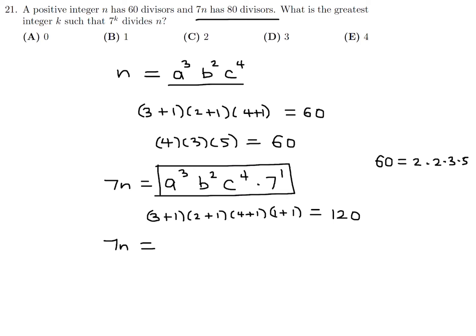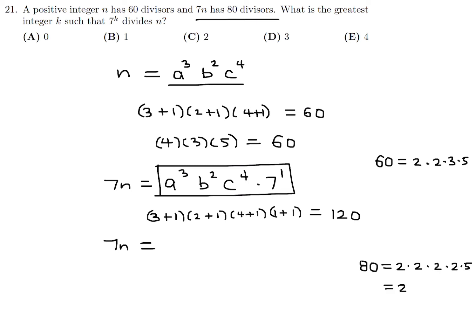Well, it just takes a little bit of fiddling around, I think. First, before I figure out if it's a, b, or c, I'm going to look at 80, right? 80 divisors. What is 80 broken down into prime factors? Well, it's 2 times 2 times 2 times 2 times 5. Okay?